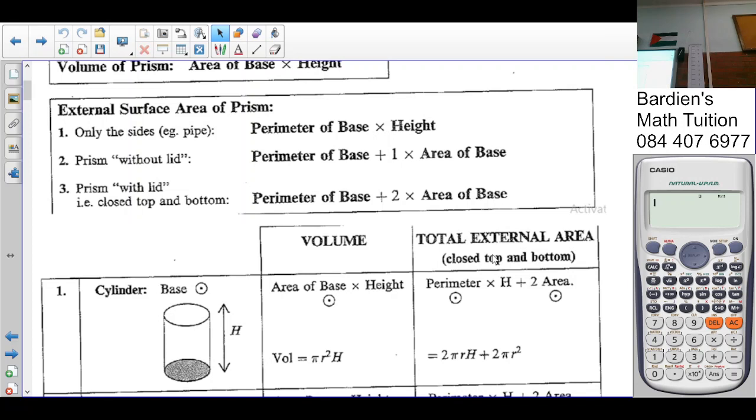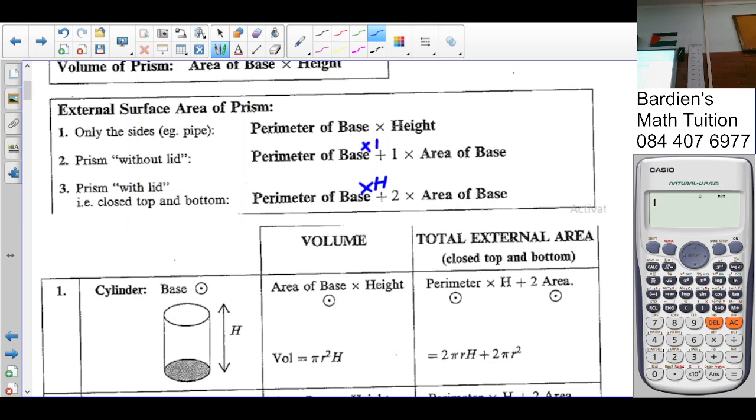Prism with a lid, I enclose top and bottom. The perimeter of base times height plus twice area of base. I think here you must have times height.